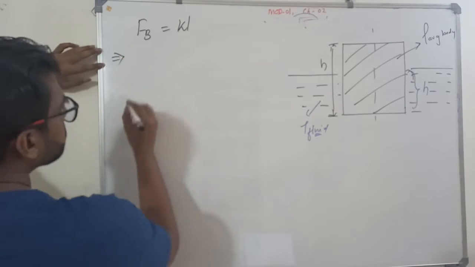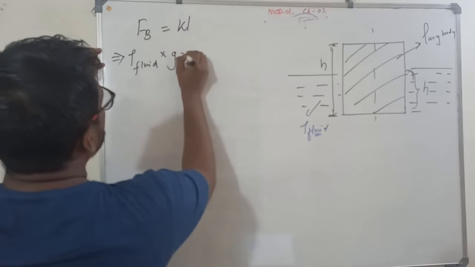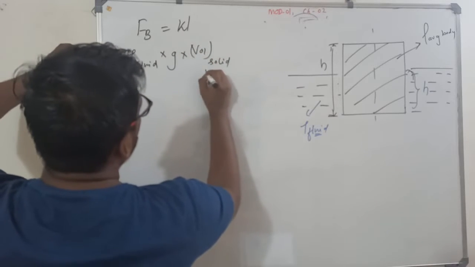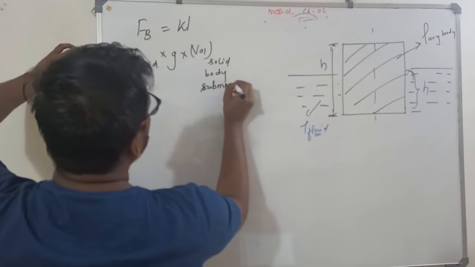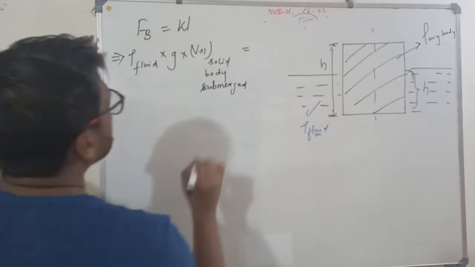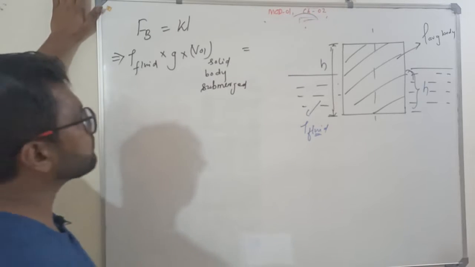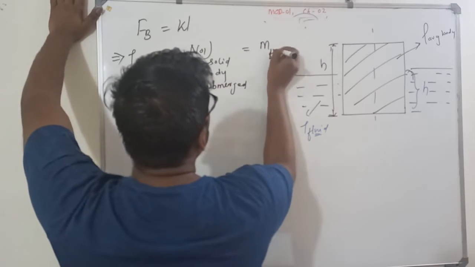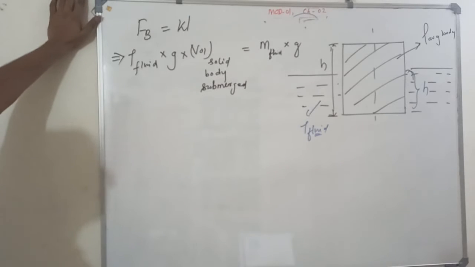So, what is the buoyancy force acting here? It is rho fluid multiplied by g multiplied by the volume of the solid body submerged. We also know that the buoyancy force is equivalent to the weight of the liquid displaced, that is, the mass of the fluid multiplied by g.